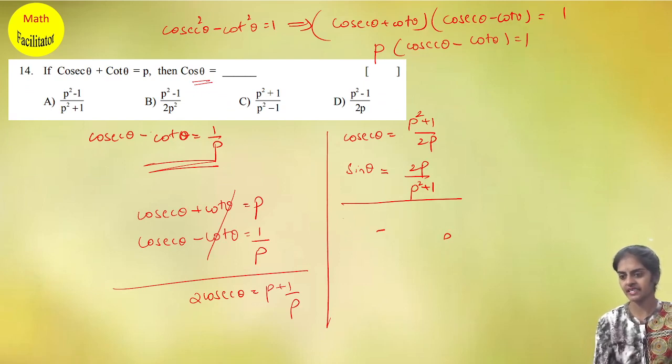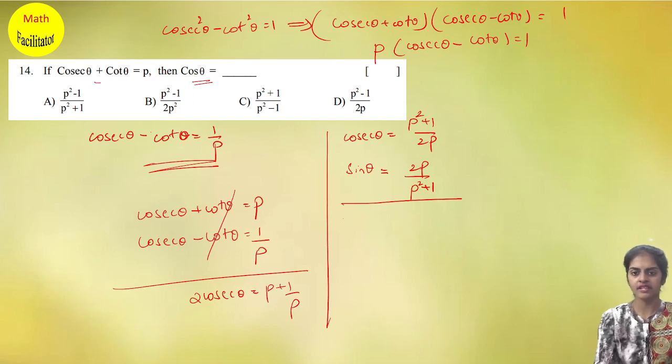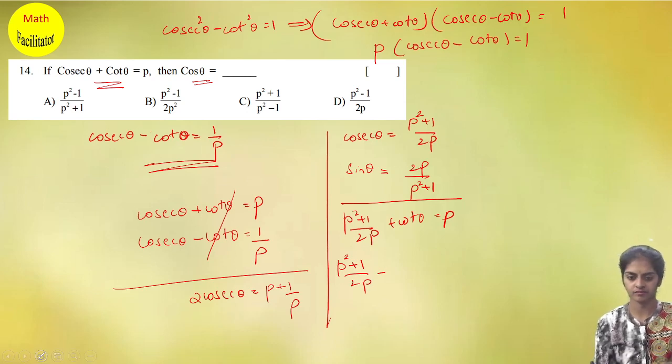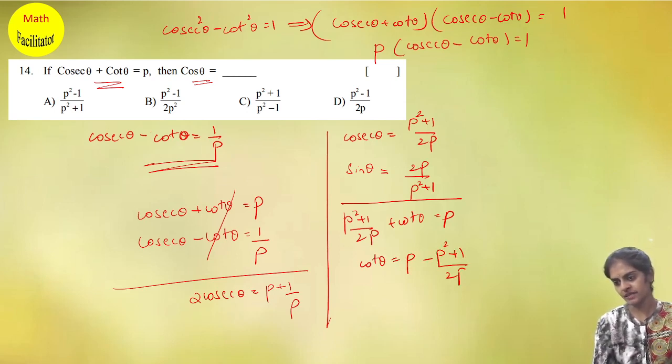Instead of taking the second equation, because the second equation has a 1 by P fraction, I'm taking the first equation only. The first equation is what is given to you. So cosecant theta is (P square plus 1) by 2P, plus cot theta equals P. I want the cot theta value, so I will keep cot theta on the LHS and transpose the term (P square plus 1) by 2P to the RHS, so it becomes minus.